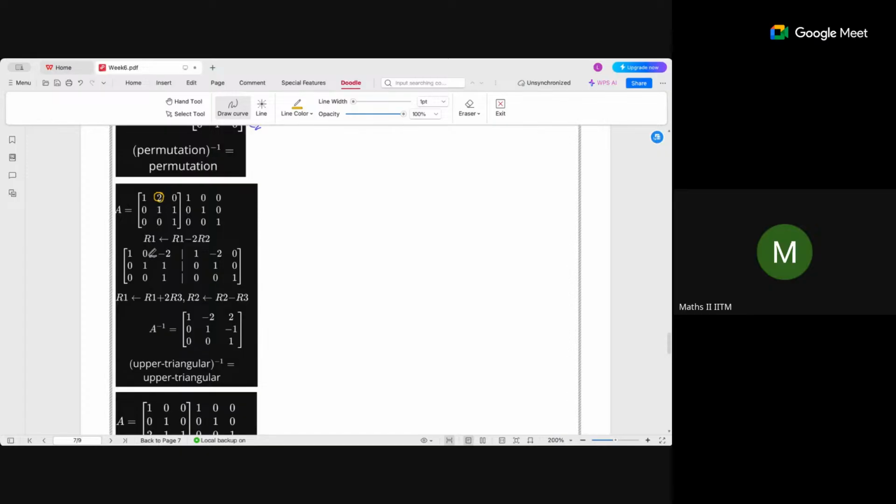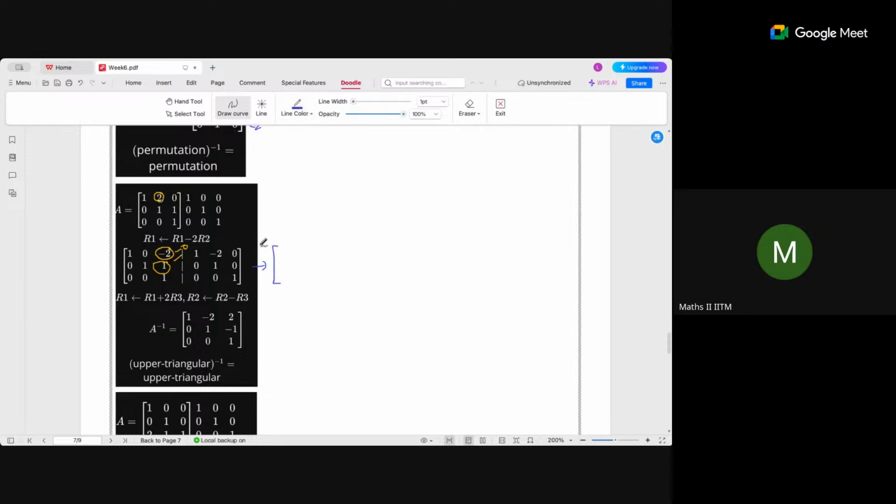And then next, I want to make this entry 0, and this entry too. So R1 goes to R1 plus 2 R3. Similarly, R2 goes to R2 minus R3. When I do these two steps, what will I get? Let me write it for you.